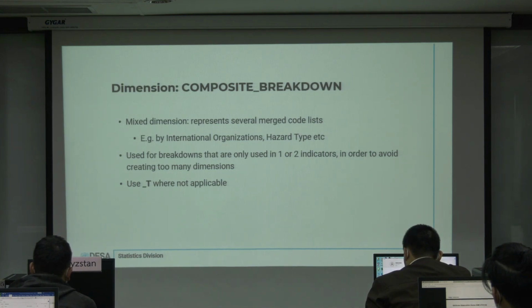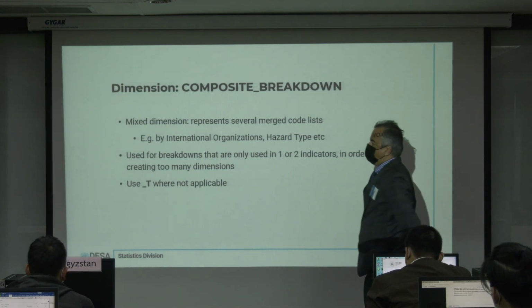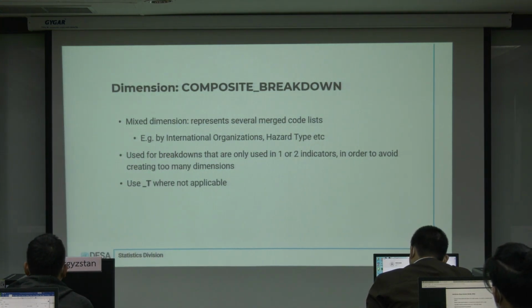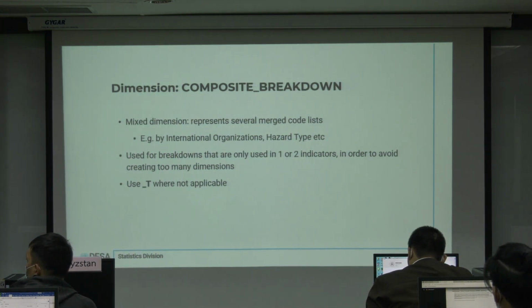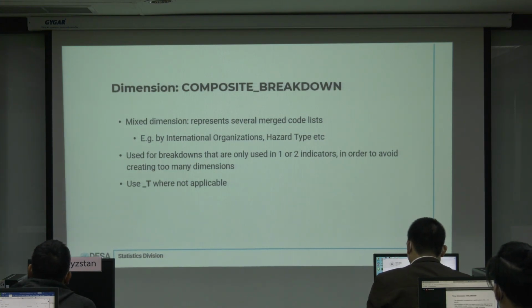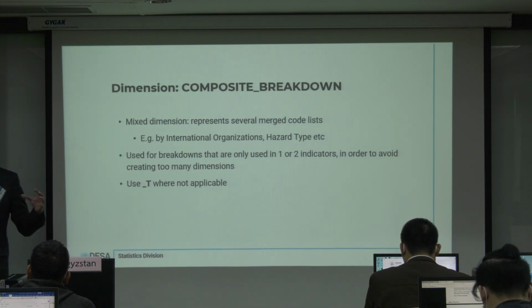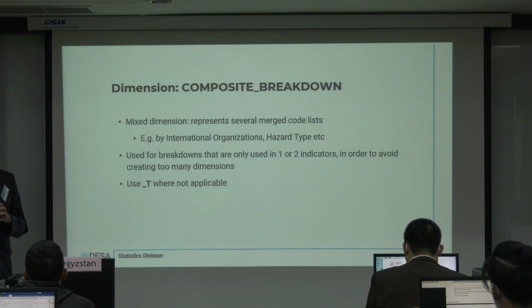And then another so-called mixed dimension, composite breakdown. Now, typically, when you have a code list, you want it to be clean. You don't want to mix different concepts in the same code list.